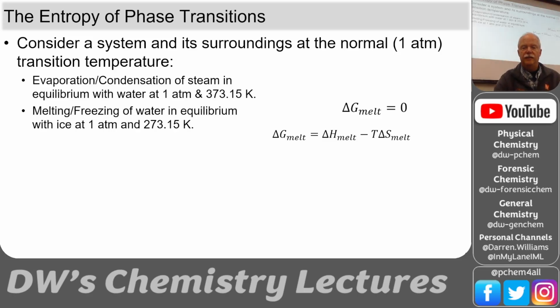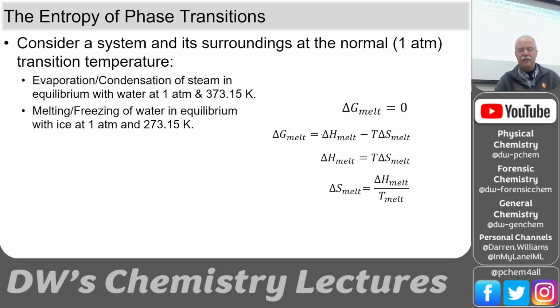Then delta G is delta H minus T delta S. We can set that equal to 0 and solve for delta S, and it's just the enthalpy of melting, which we can measure, divided by the temperature of melting. And so that's the entropy change for that particular transition. So this is our equation here: entropy is delta H over T, because this is for transitions, phase changes.